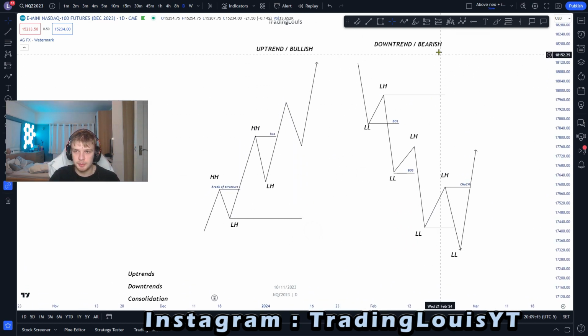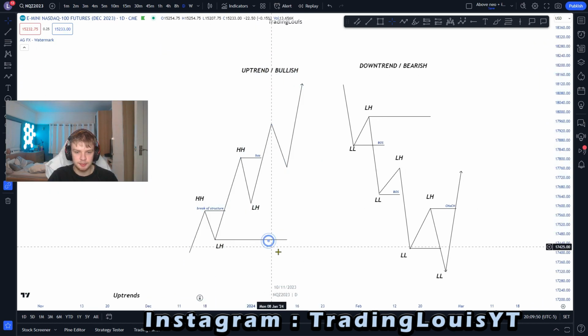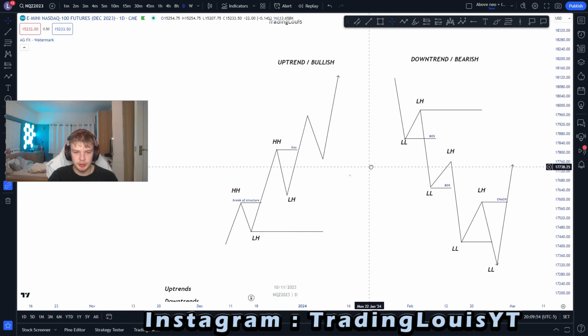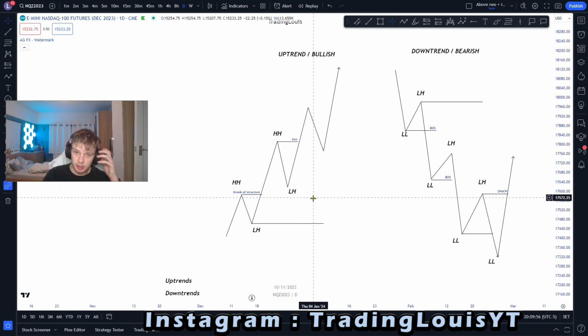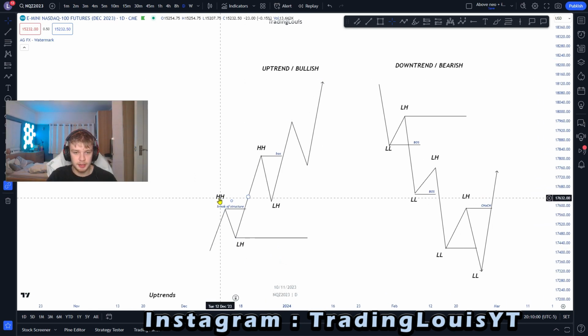So on a bullish chart, let me just highlight it for you, move it over a bit. Let's say that we are in this uptrend, we are making higher highs, lower highs, higher highs, lower highs.